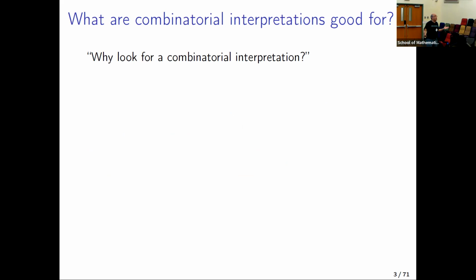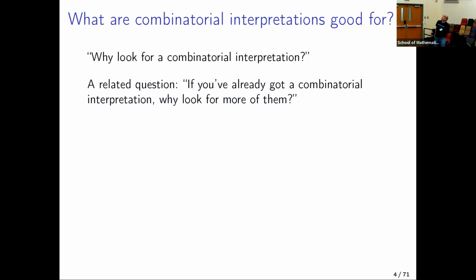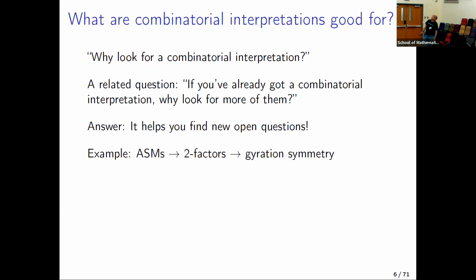And if you find 1,000 or more, you get to found a journal about it. But if you've already got a good combinatorial interpretation for a number, why would you want another one, and then another one, and then another one? It helps you find new open questions, and isn't that why we're here? Let me give you 3 examples.